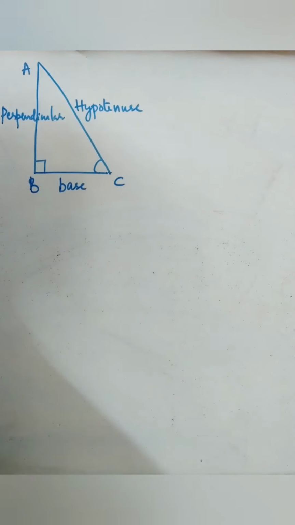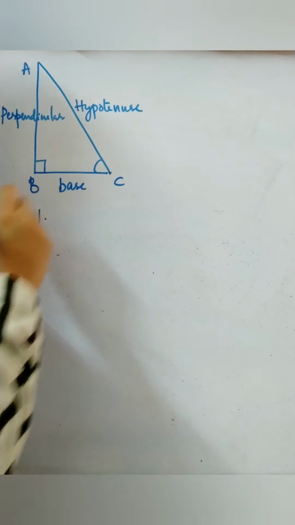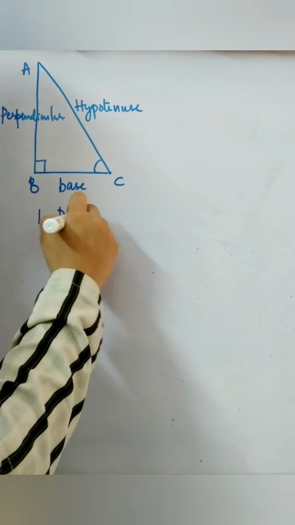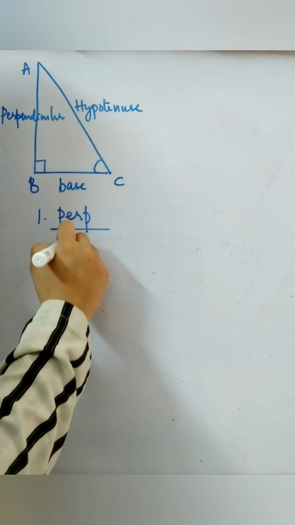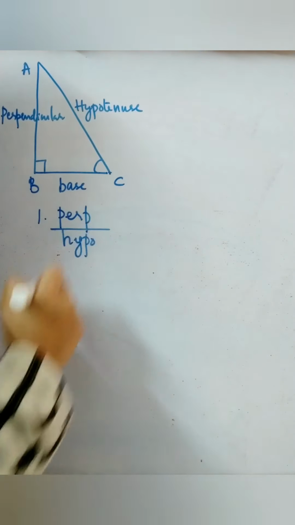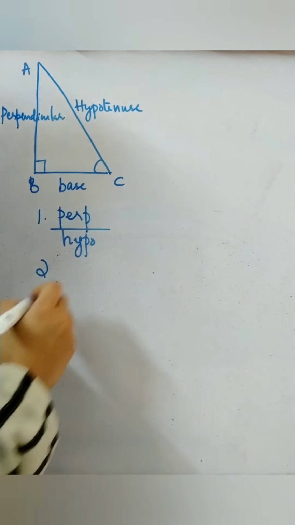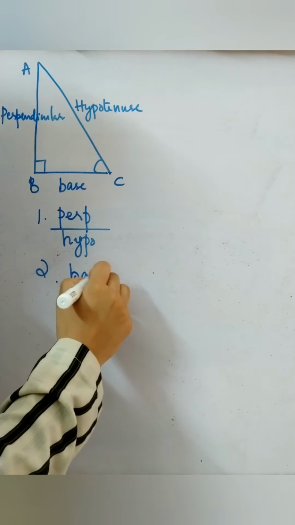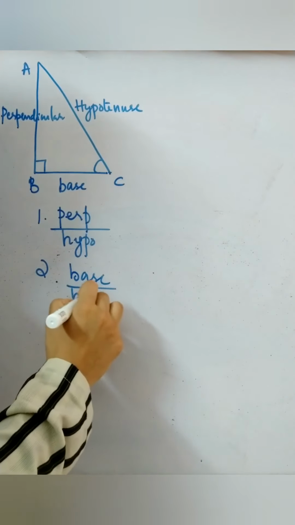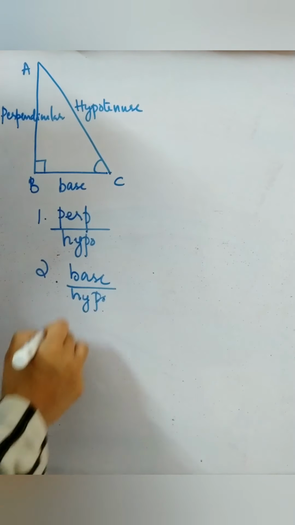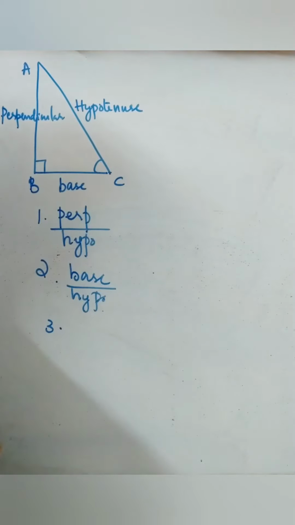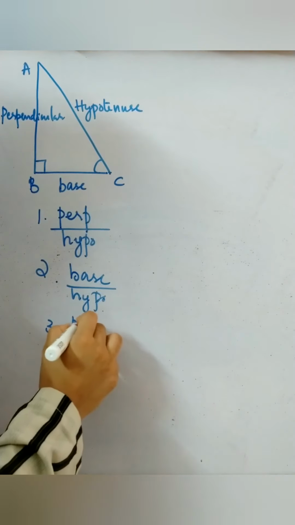Next, we are going to find out the ratio between different sides in a right angle triangle. Here, we can find out the ratio between the perpendicular and hypotenuse. So this is one of the ratios. And similarly, I can find out the ratio between base and hypotenuse, and the ratio between perpendicular and base.